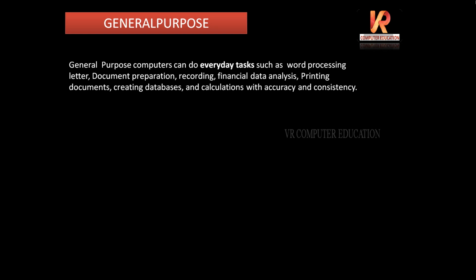So if you use the computer for daily transactions, like letter typing, document creation, financial data analysis, some calculations, or creating small databases, with accuracy and consistency, those computers are considered general purpose.